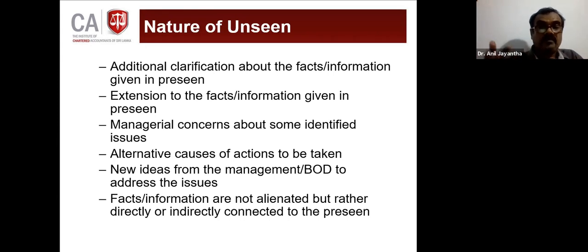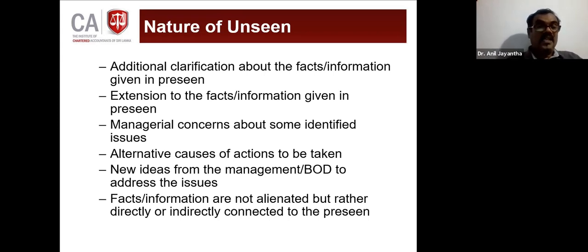So therefore, in the unseen, you need to think of the possibility of having some information pertaining to alternative actions, alternative courses, alternative decisions. That's very important. Your attempt would be to choose one, or among the alternatives they may have already decided one. You may be asked to comment about its appropriateness and its relevance.